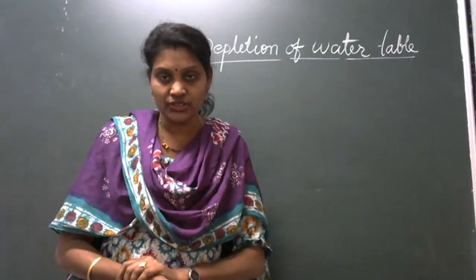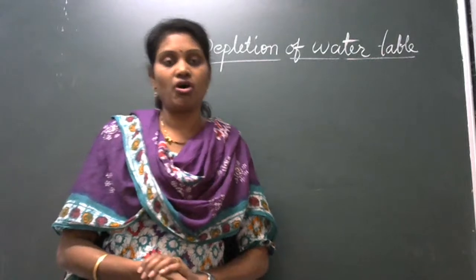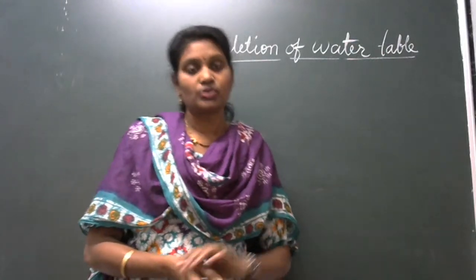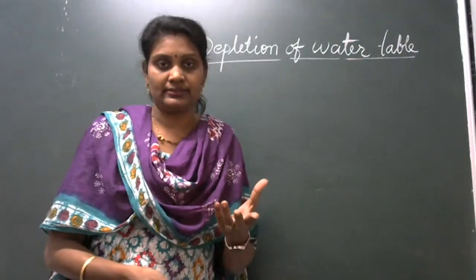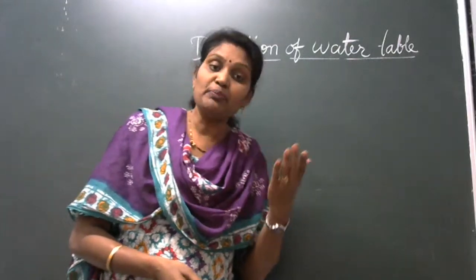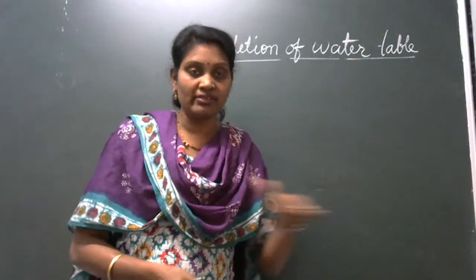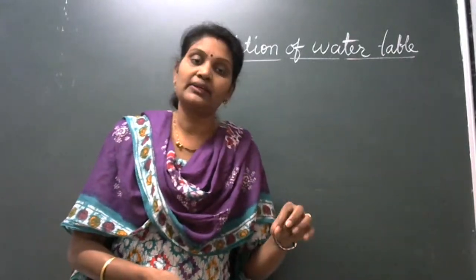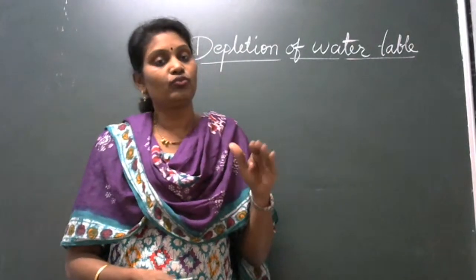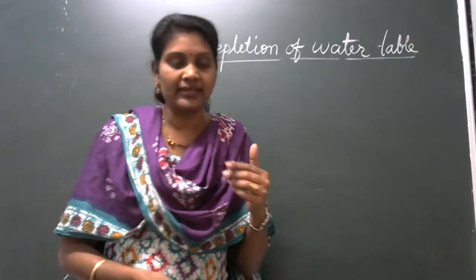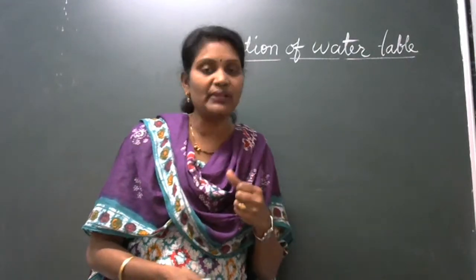Understood? So depletion of water table. So what are the causes for this depletion of the water table? यानी जो लेवल है ग्राउंड के अंदर पानी की जो लेवल है वो कम होने का क्या कारण है? What is the reason for the depletion?